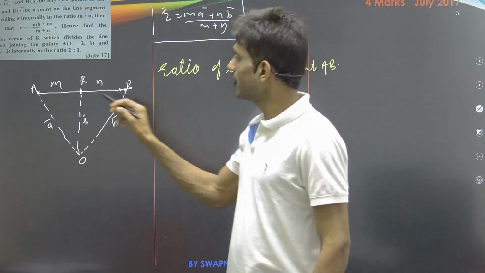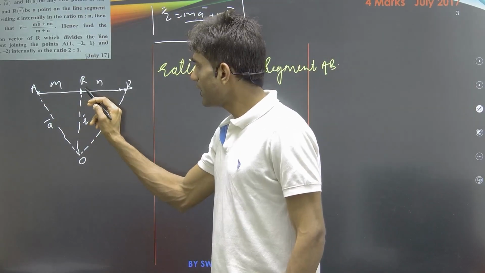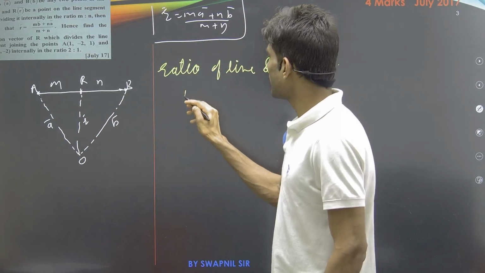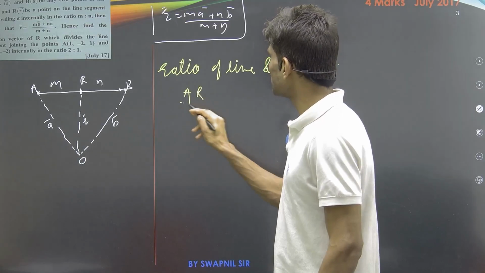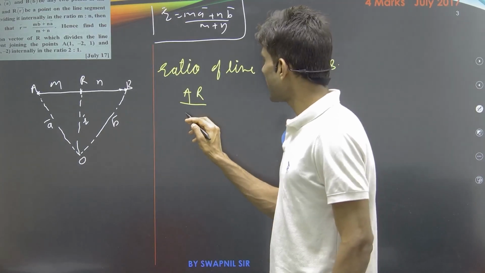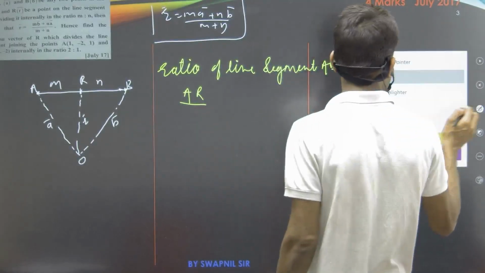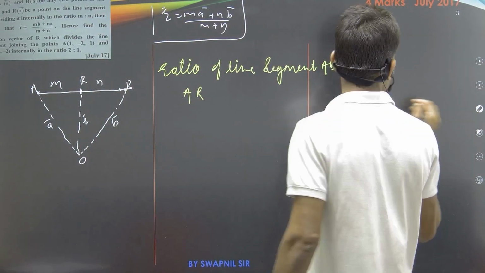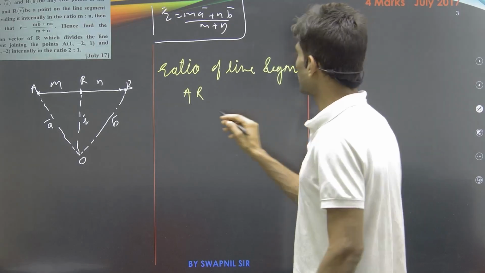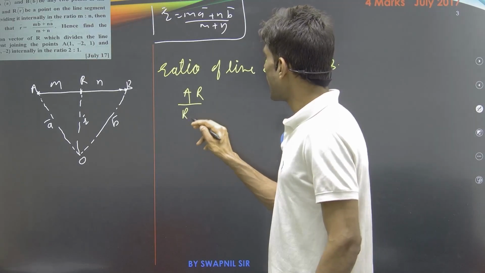So how can we write the ratio? AR divided by RB. So we can write line segment AR divided by line segment RB. Let me write there the ratios of the sides, AR divided by RB.